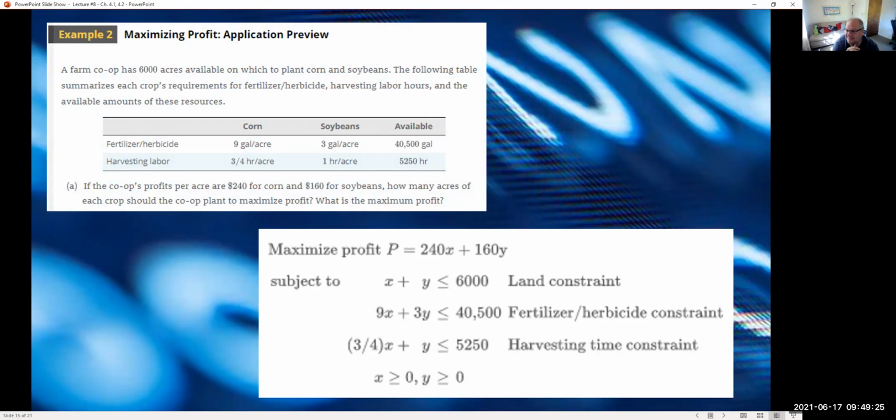So if it takes 3/4 hours for the employees to work on 1 acre of corn and 1 hour to work on 1 acre of soybeans, then I have a new constraint that 3/4 X plus 1Y must be less than or equal to 5250. And notice that all of the symbols are less than or equal to in this case.